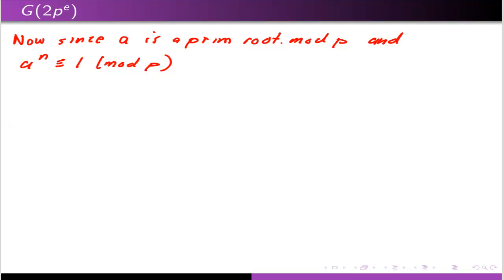So since it's a primitive root mod p, and a to the n is congruent to 1 mod p, then p minus 1 must be a divisor of n, because a has order p minus 1. So we've got p minus 1 divides n, and on the previous slide I said n is a divisor of p minus 1 times p to the e minus 1 by Euler's theorem.